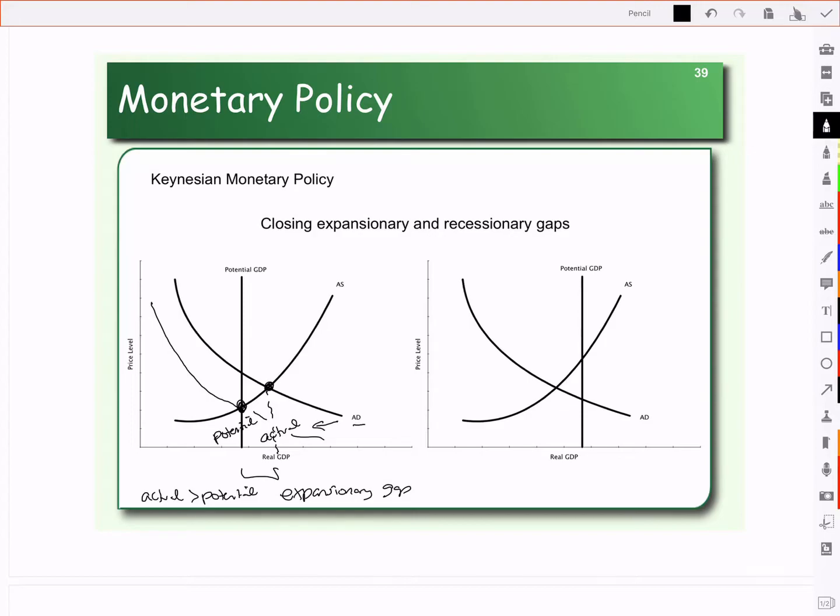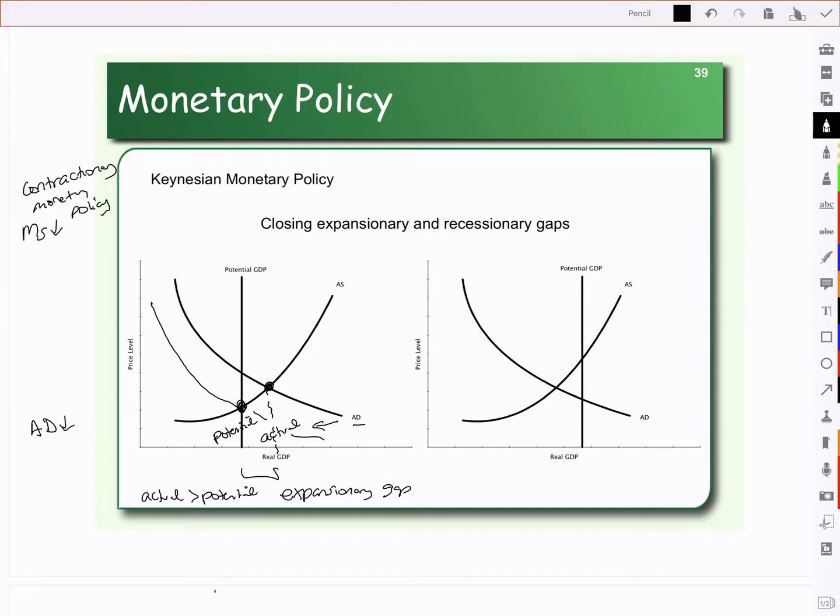So now we have to think of how do we get aggregate demand to decrease? Do we increase the money supply or decrease the money supply? Well, let's walk through it. What if we decrease the money supply? Then we're using contractionary monetary policy.